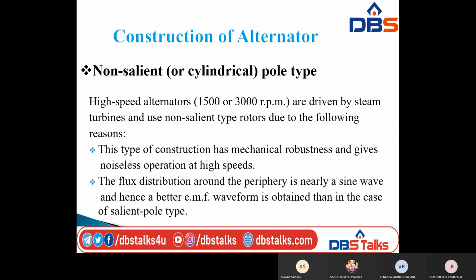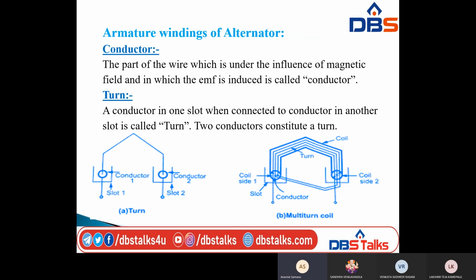Another topic is armature windings of alternators. Armature windings of an alternator contain different types of windings. Before going to the topic, we have different terminologies in the armature windings of alternators. The first one is conductor.